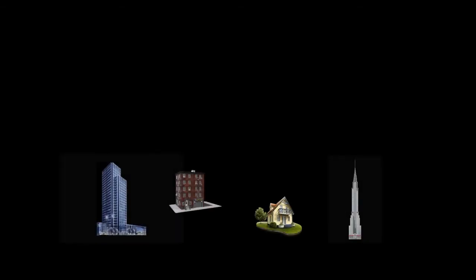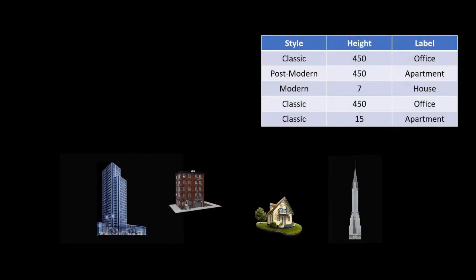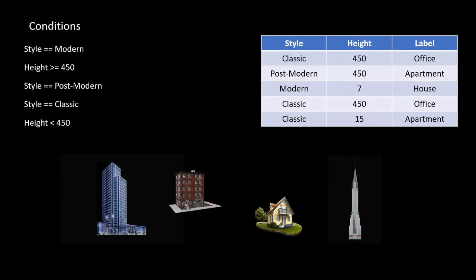If I look at my data set again, there's high entropy here, and I put that into that chart that I showed previously. When I start to pick through that data a little bit, I can break down all these different conditions. So I've got: is my style modern? Is my height greater than or equal to 450 meters? Is my style postmodern?